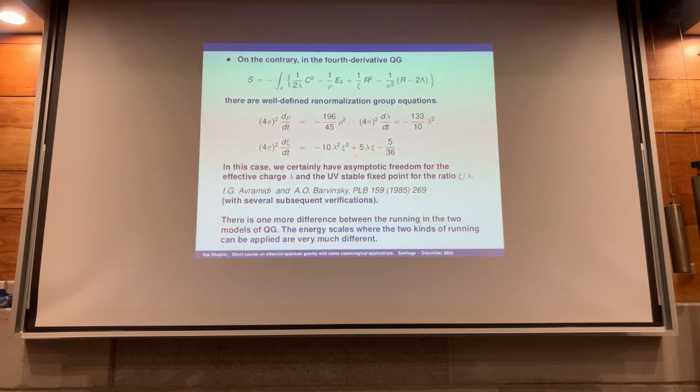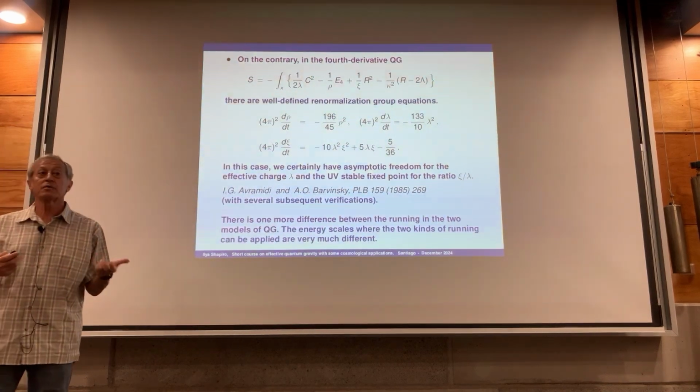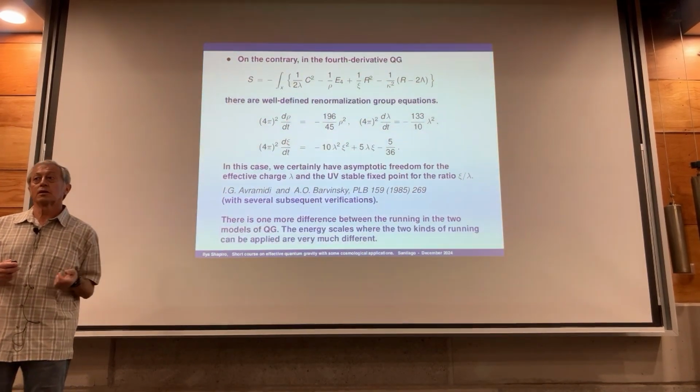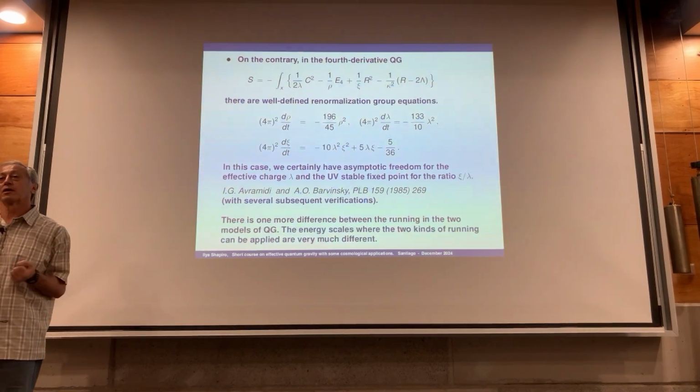Let us think a little bit. What is the running which these beta functions describe? This is minimal subtraction running. So it is running when all masses are irrelevant. One of the masses here is the Planck mass. So these formulas describe the running far above the Planck scale, in the ultraviolet compared to Planck.